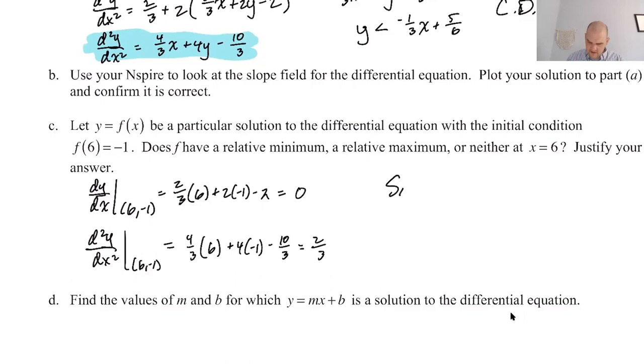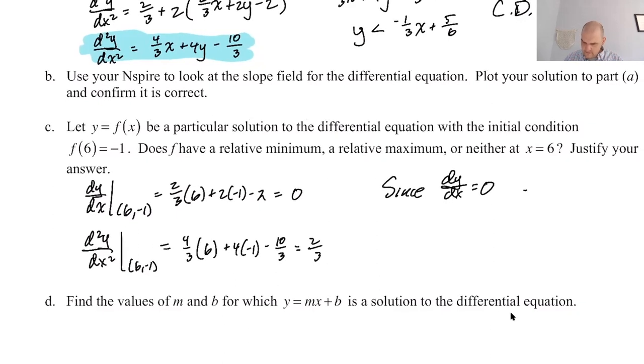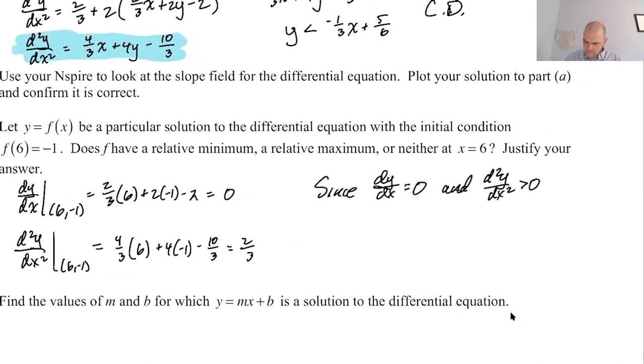Okay, so I'm going to say since dy dx is 0, and the second derivative is greater than 0 at the point (6, -1), y equals f of x has a relative minimum.